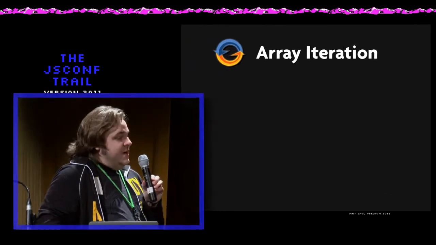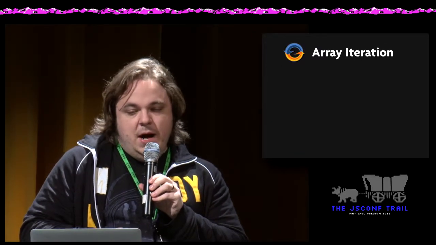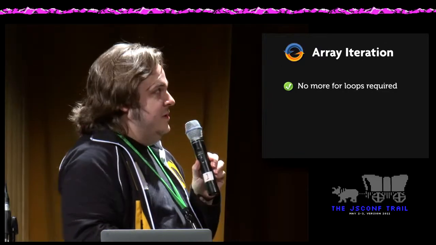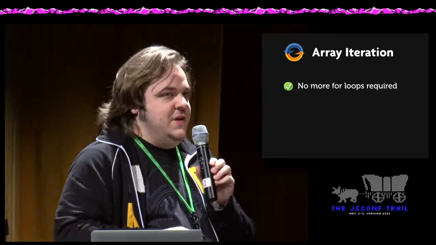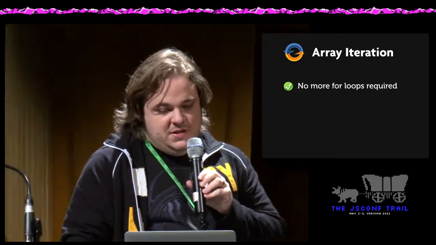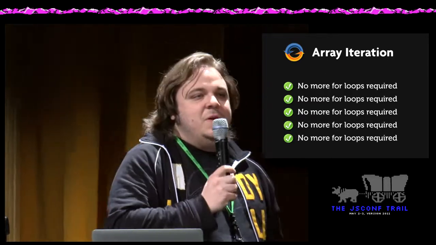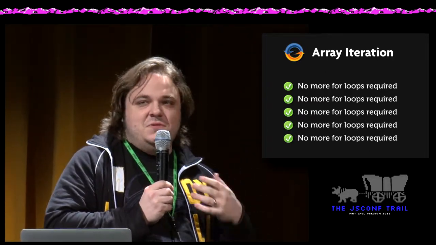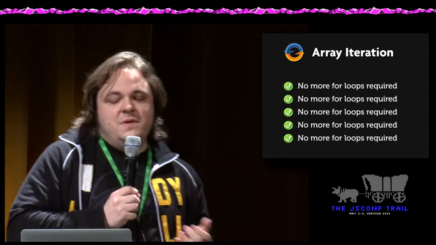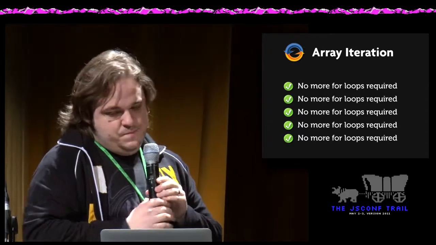So array iteration has a lot of advantages, as I said. Among them, you no longer need any for loops. I really don't like for loops. And the other advantages are, as you can see, it makes it so much easier to read the code, write the code. It's just a good thing.